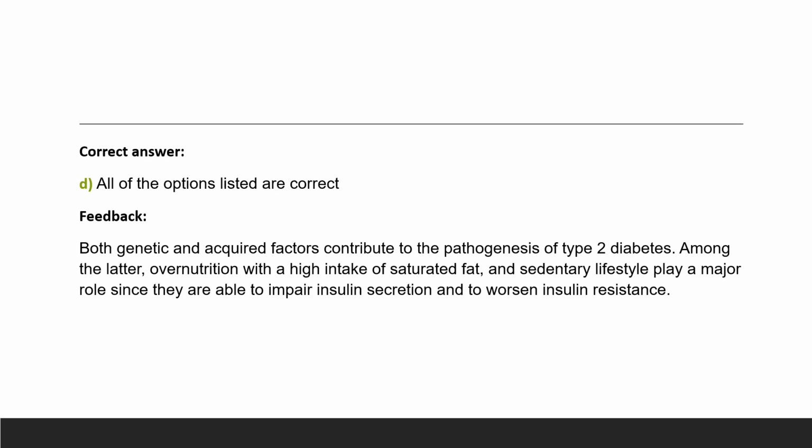Both genetic and acquired factors contribute to the pathogenesis of type 2 diabetes, and among these, overnutrition with a high intake of saturated fats and a sedentary lifestyle play a major role, since they impair insulin secretion and worsen insulin resistance.